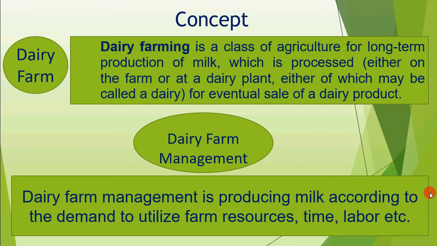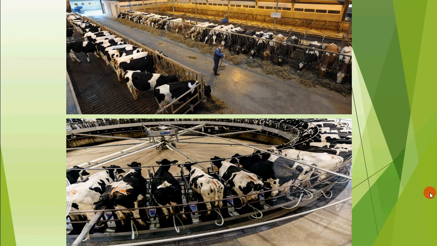You have to follow this management for better production of milk, and for proper management of labor, time, and all types of resources, money, land, everything. That is the main idea of dairy farm management. It is needed not only for the dairy farm, but for all farms, like poultry farm, fish farm, crop farm. That means all types of farm in agriculture.